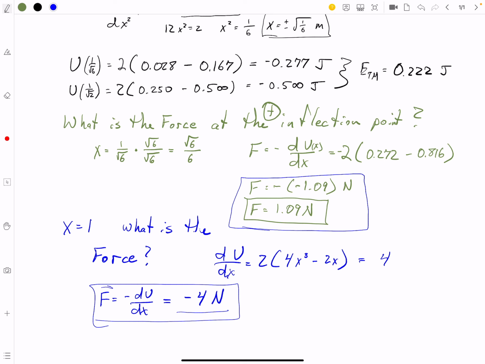So that's the nitty gritty there. Be able to analyze a curve. Look up the Lennard-Jones potential.